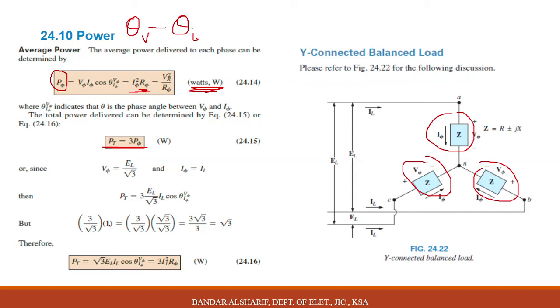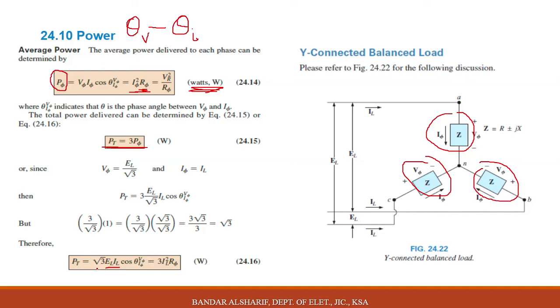We have another formula for the total power. Either we can use phase by phase and multiply by 3, or we can use voltage line with current line, depending on the question and what information is available. But don't multiply line by line with the 3.